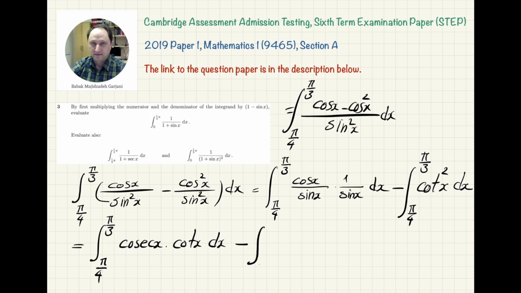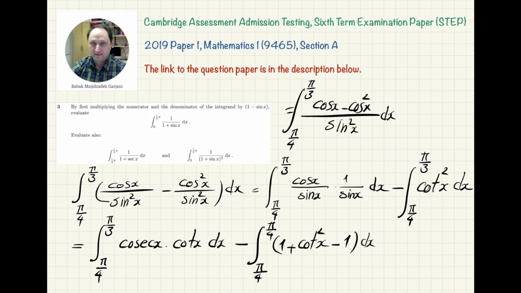I would write it as integral from pi over 4 to pi over 3 of 1 plus cotangent squared minus 1 dx. So I add 1 unit and I subtract 1 unit. The reason I did this is because this is a famous combination. A primitive function for 1 plus cotangent squared is negative cotangent of x.